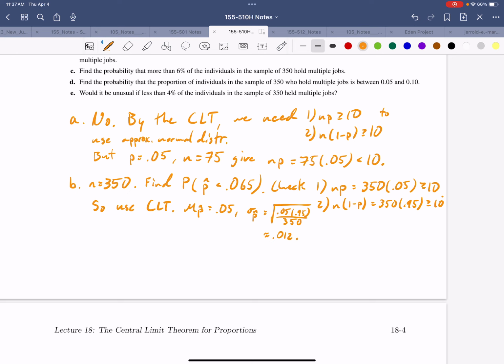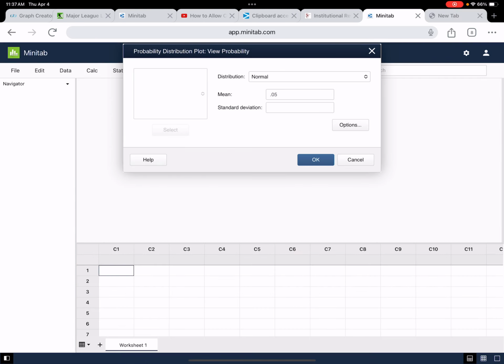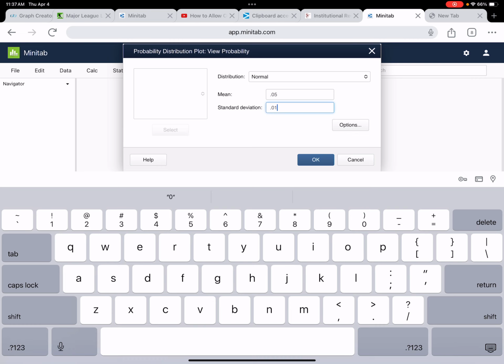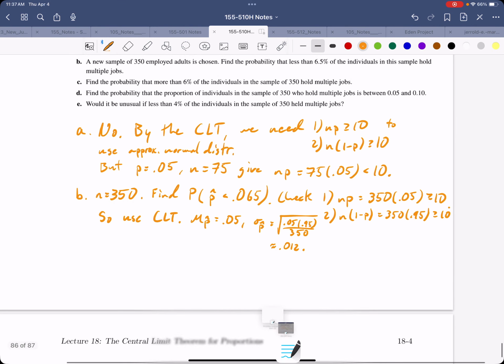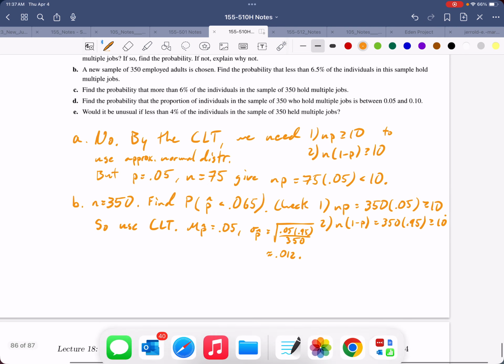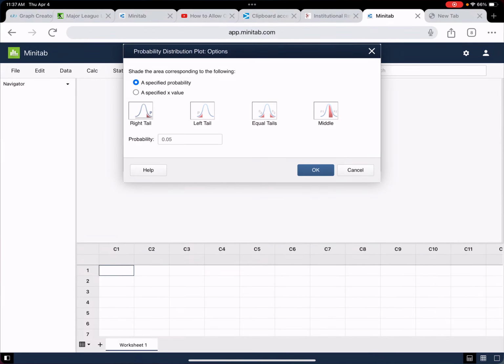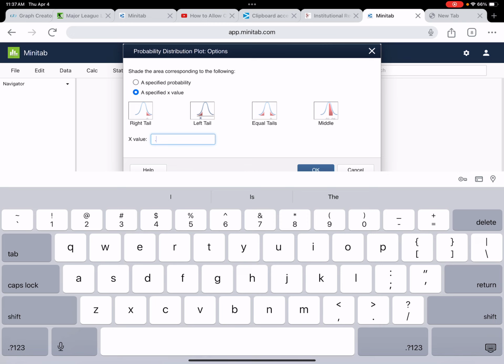All right, so we're going to put that into Minitab. 0.012. Then we go to options, and we're finding, was it less than 6%? Less than 6.5%. So less than 6.5%.